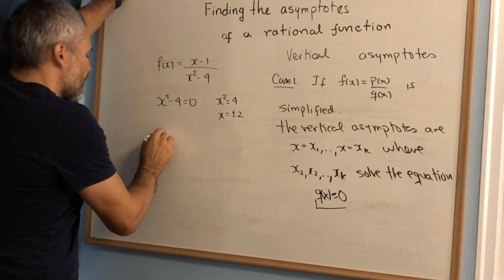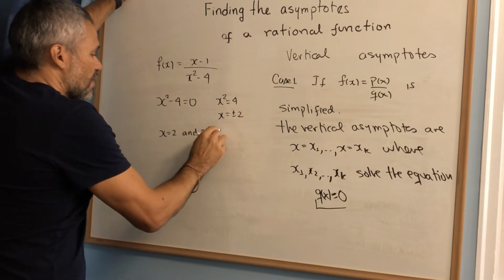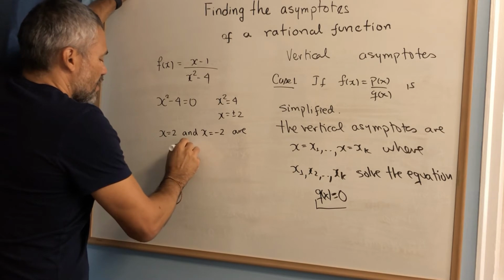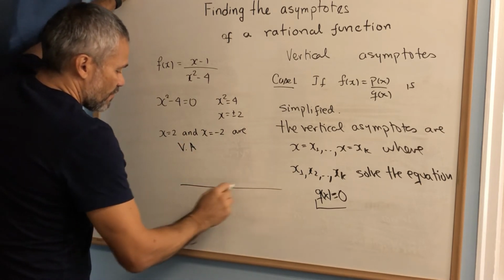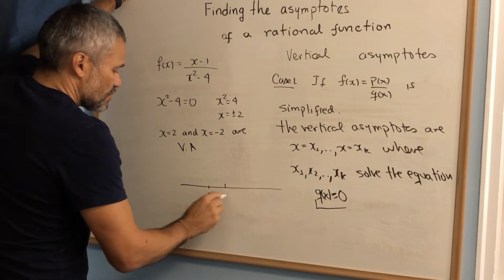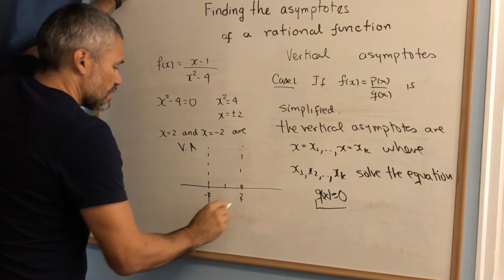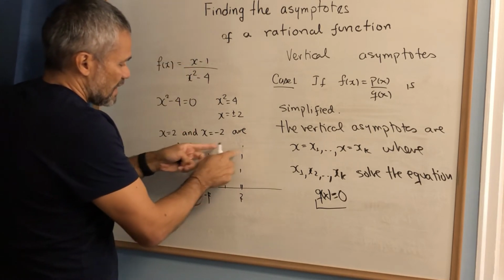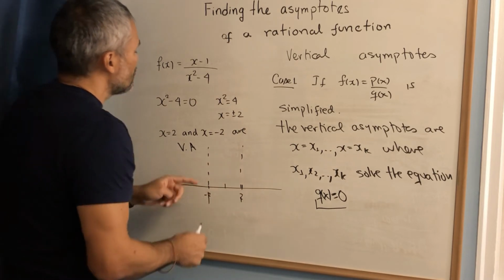And therefore, x equals 2 and x equals negative 2 are vertical asymptotes. That means that in the graph, here at negative 2 and 2, the graph of this function is approaching these lines either on top or on the bottom, right? When x is close to negative 2.